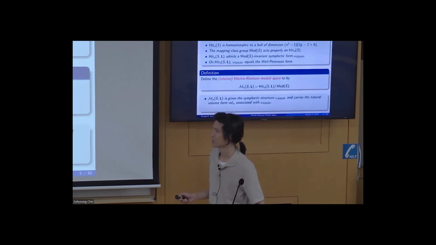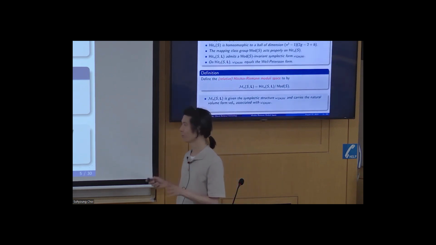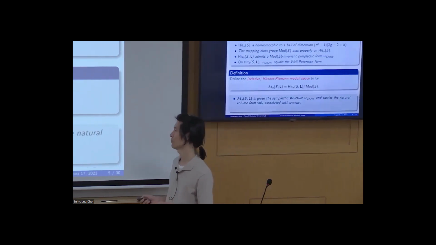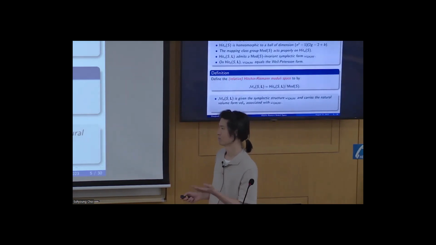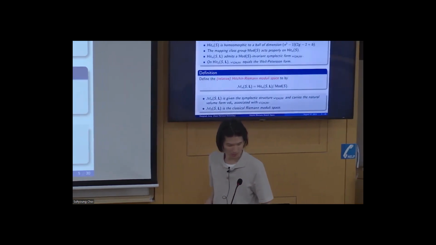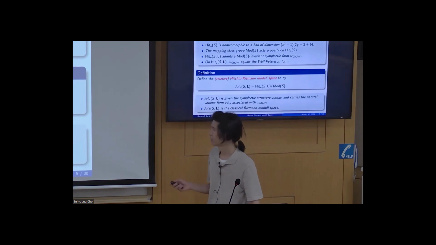So at least the set of regular points is a symplectic manifold with the induced symplectic form. Once you have a symplectic form, we can associate a volume form by taking the nth wedge product of it, possibly divided by n factorial. That's the volume that I want to talk about in this talk.